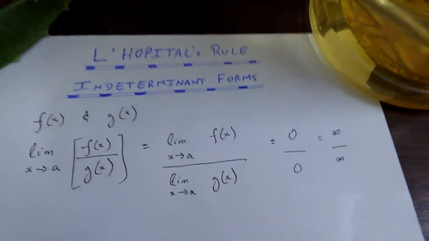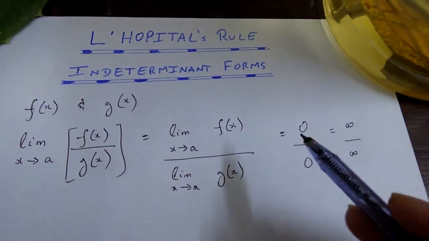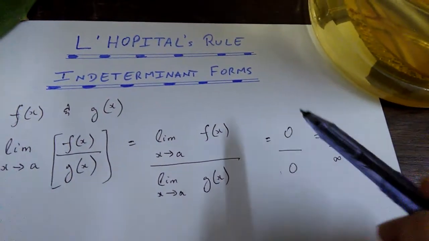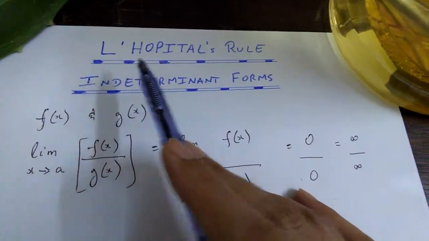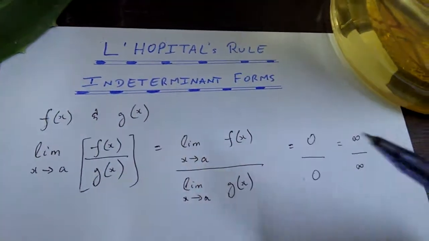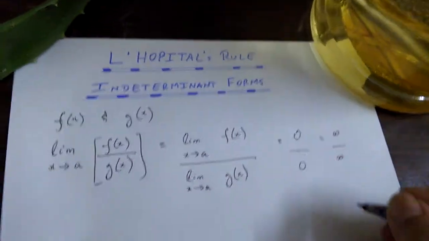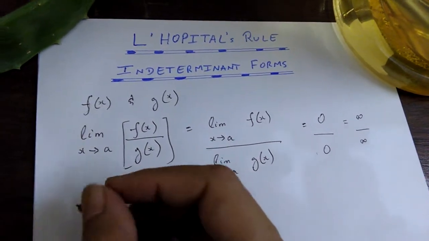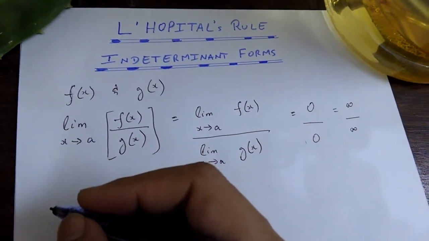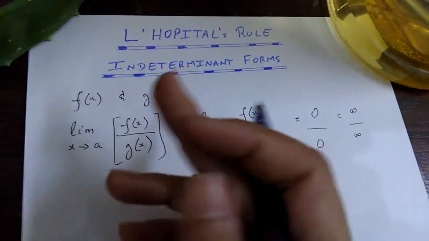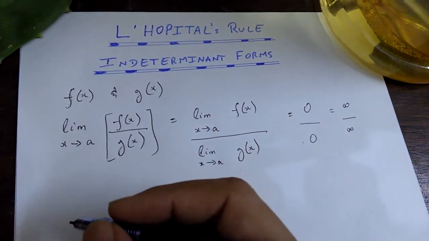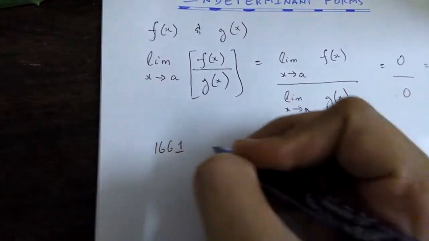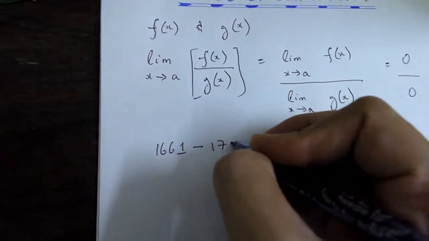In order to get rid of such a situation, we apply a rule, L'Hopital's rule, which was introduced by a French mathematician. His name was quite typical. It's said to be Guillaume de L'Hospital. His period was from 1661 to 1704.